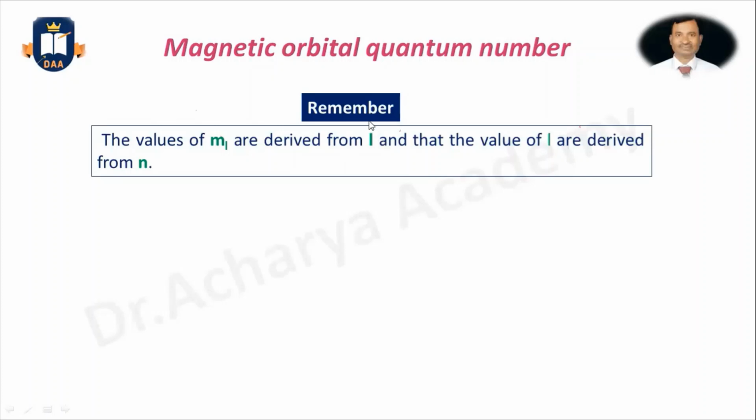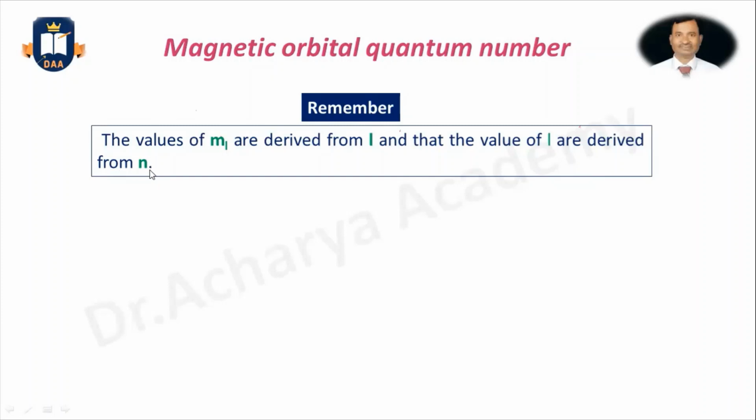Now what you have to remember: the values of m subscript l, as you know from the last slide, are derived from l. From class number 33 you can see that this is the azimuthal quantum number l, and the value of the azimuthal quantum number is again derived from the principal quantum number n.